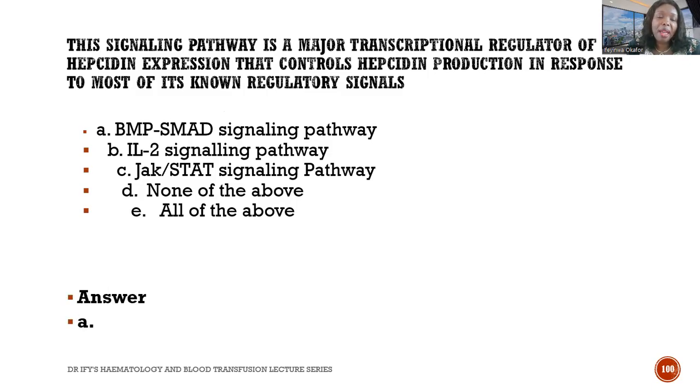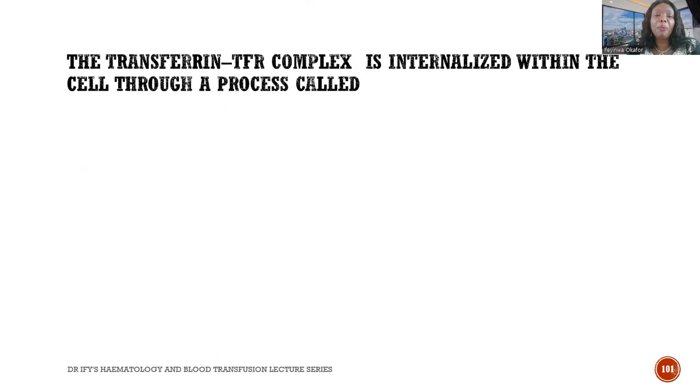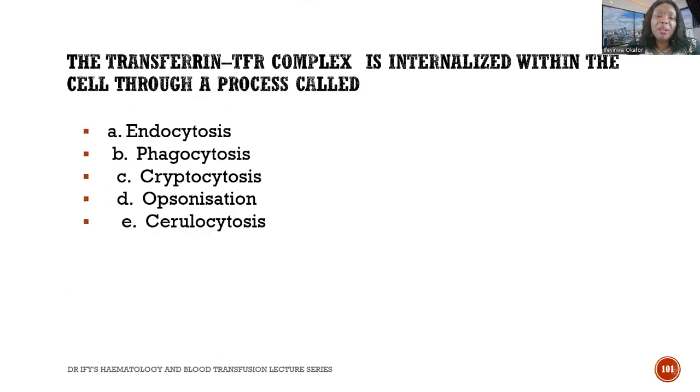Answer A, the BMP-SMAD signaling pathway. The transferrin receptor complex is internalized within the cell through a process called endocytosis, phagocytosis, cryptocytosis, opsonization, cellulocytosis. Answer A, endocytosis.